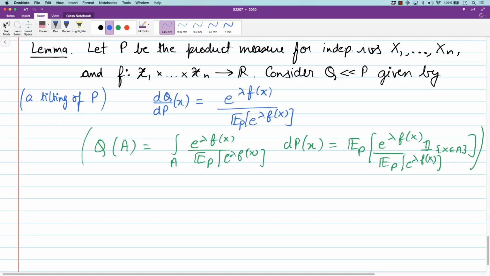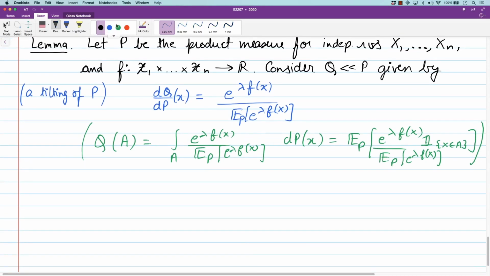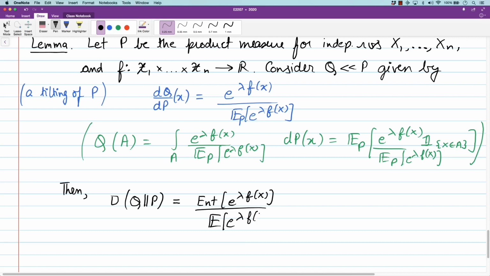Okay, so suppose you have this measure, then if you look at the divergence between q and p, that divergence is equal to the entropy of e to the power lambda f(x) divided by the expected value of e to the power lambda f(x).